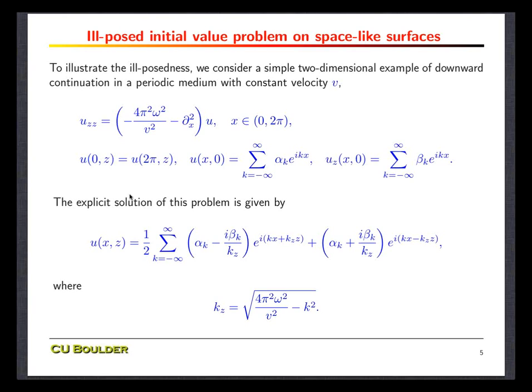So if we look at it, we see that this number kz can be either real or imaginary, depending on the sign underneath the square root. And if it's imaginary, because there are two modes there with a plus and minus, one of them will decay and another will grow. And so that's the ill-conditioning.